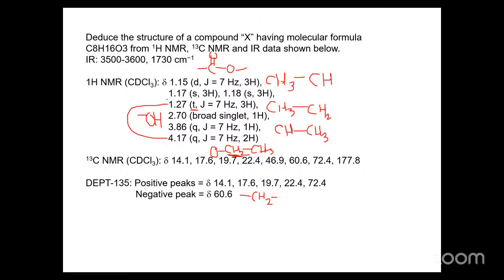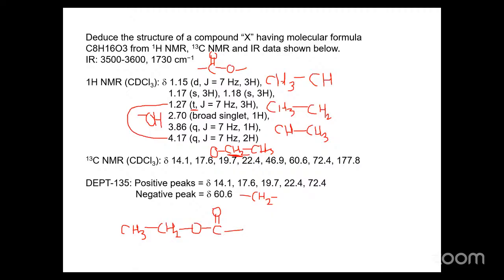So 1.27 is coupling with 4.17. This information you are getting. So part of the structure will be CH3, one end of the molecule, attached to the CH2 attached to the oxygen, right? We have the ester, so I will write again one carbonyl group.